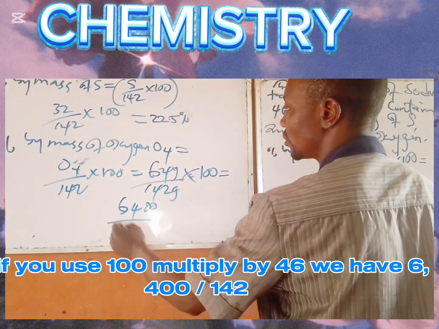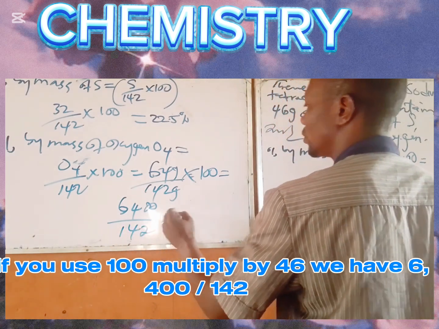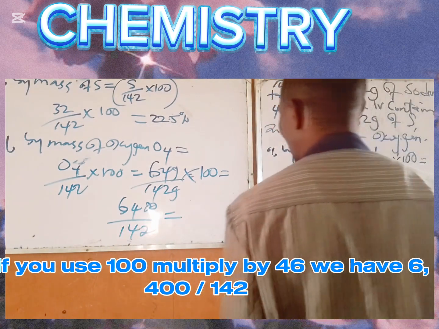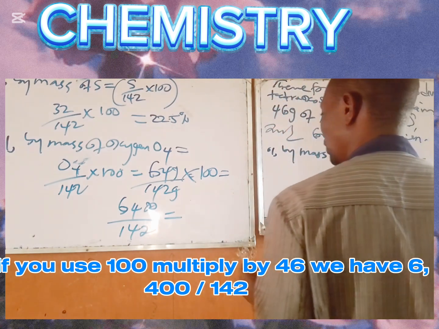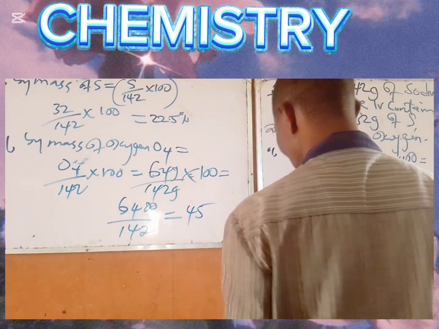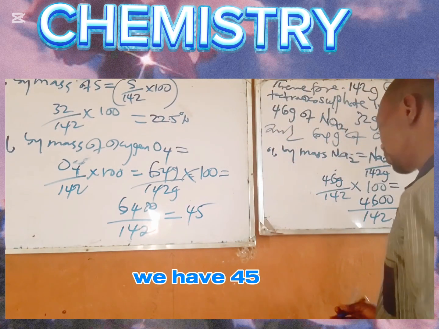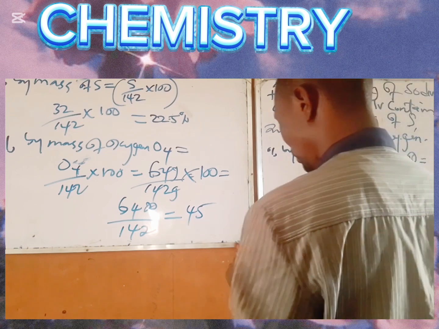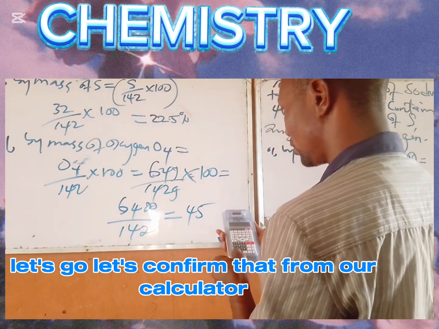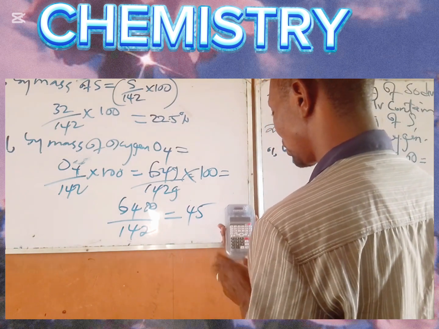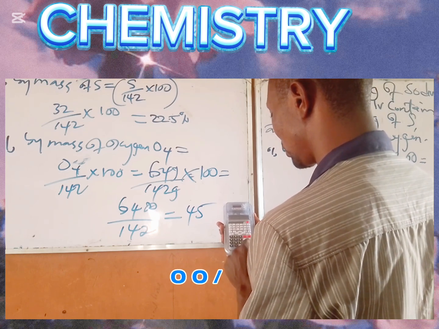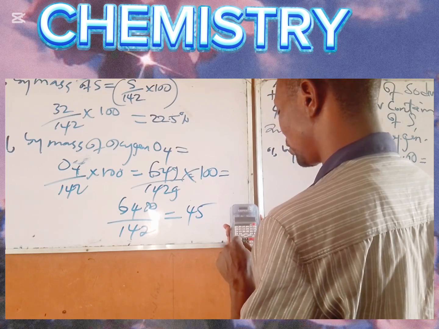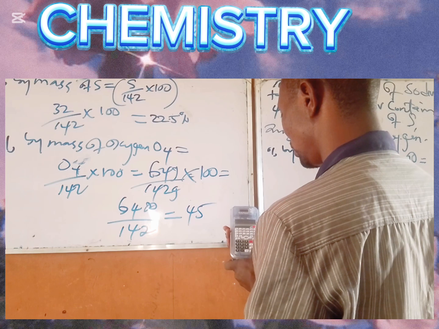So if you use 100 multiplied by 64, we have 6,400 divided by 142, we have 45. Let's confirm that from our calculator. 6400 divided by 142.